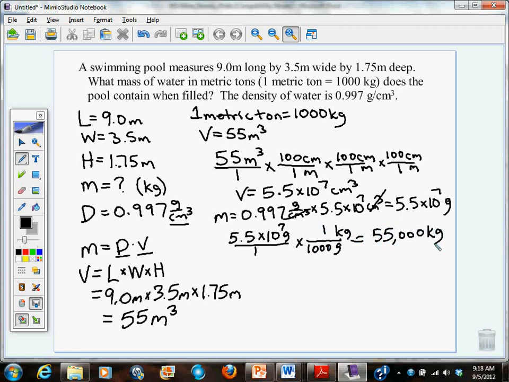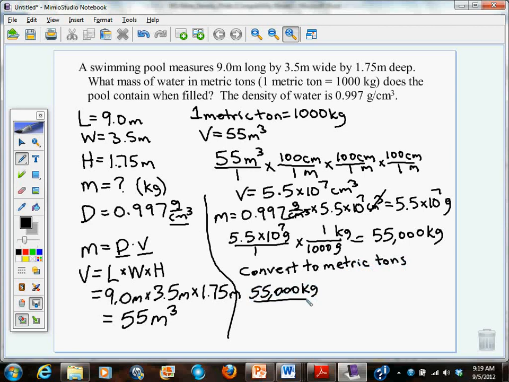It's not what it asks. It asks for it in metric tons. So the last thing I'm going to do, let me draw a little line in here, is convert to metric tons. To do that, I take my 55,000 kilograms, put it over 1, and what the expression gave me up top is that I want kilograms in the bottom, and I want metric tons in the top.